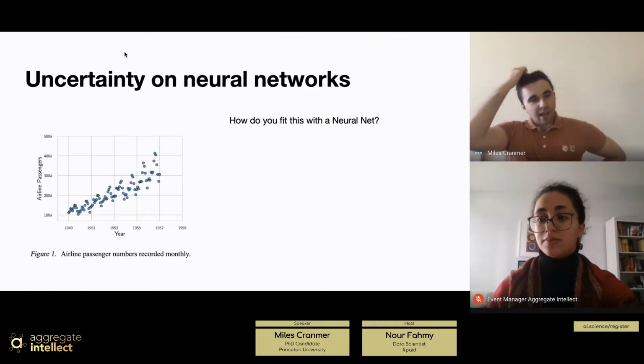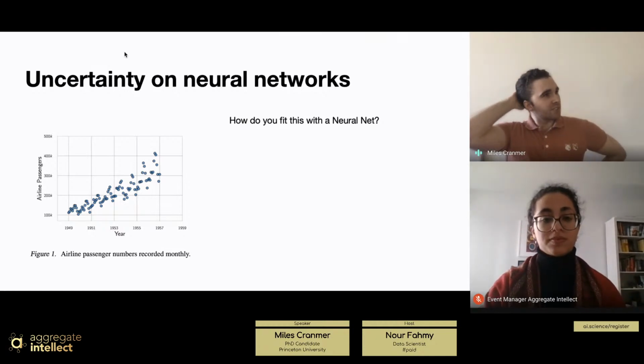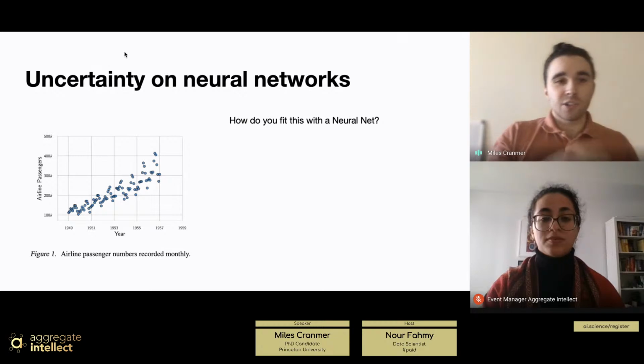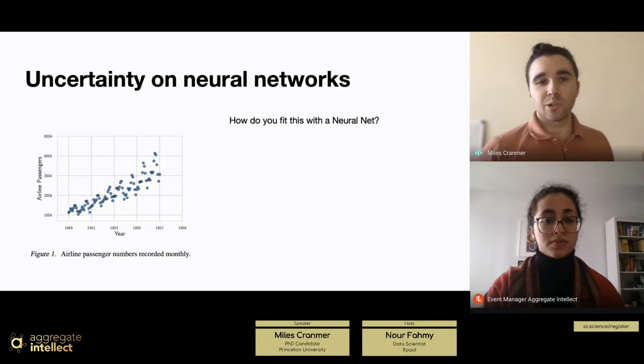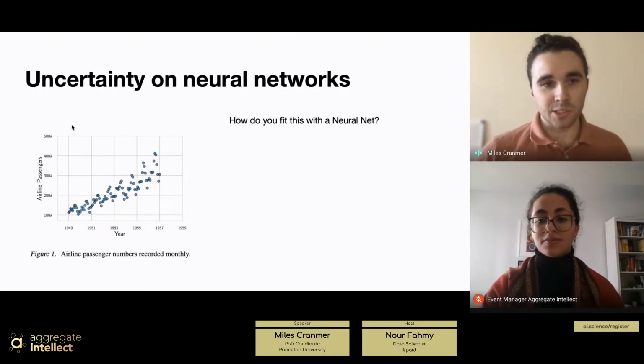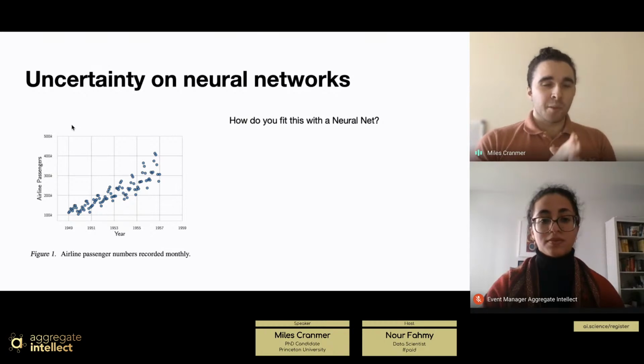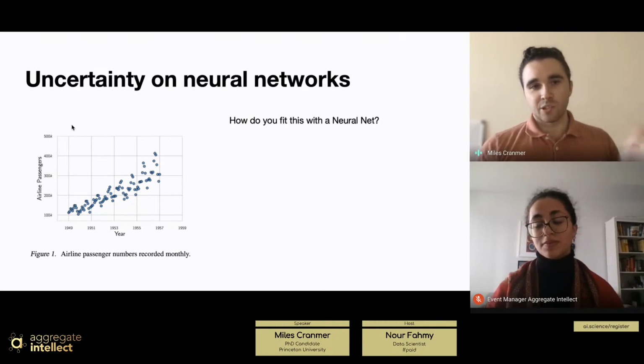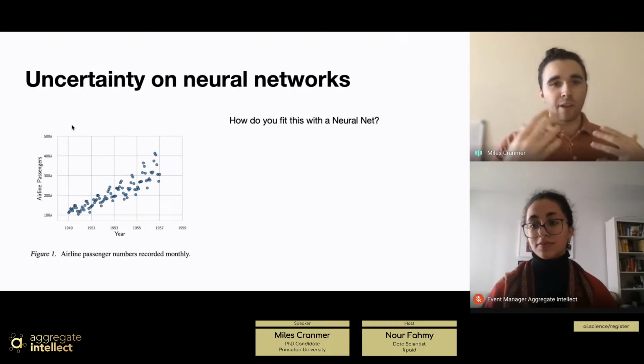The best way to introduce this is, if I have a neural network and I'm trying to learn this relationship, with year on the x-axis and the number of airline passengers on the y-axis. This is from one of Andrew Gordon Wilson's papers. If I'm trying to model this relationship with neural networks, how do I fit it?